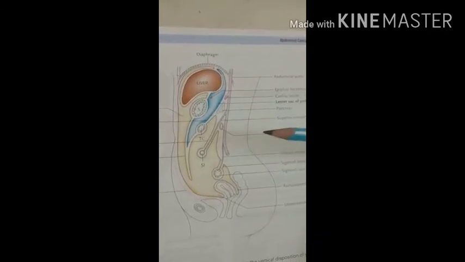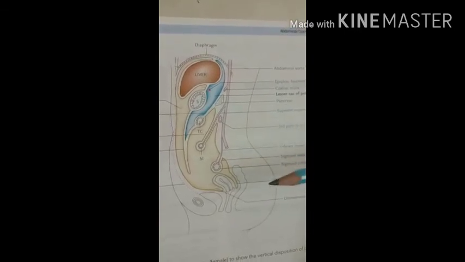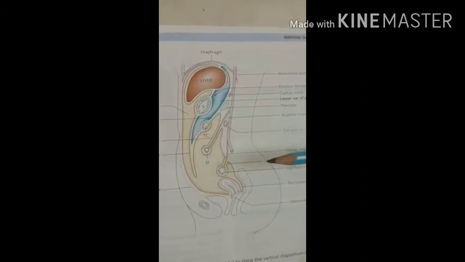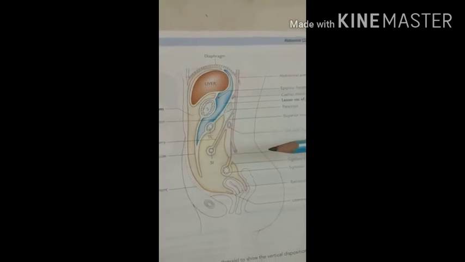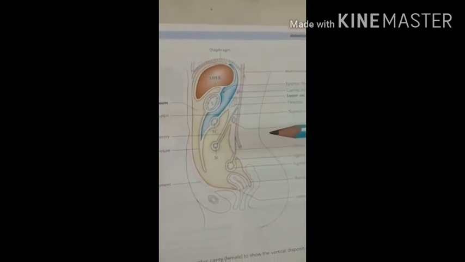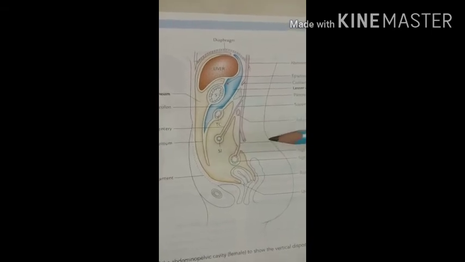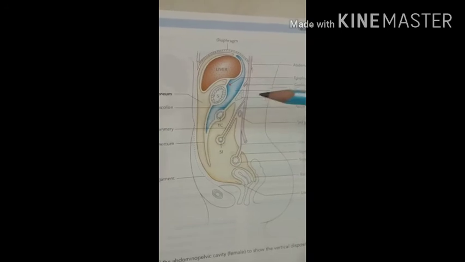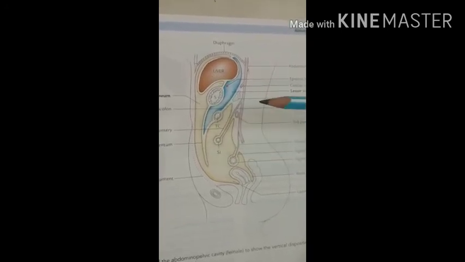The mucosa has great wear and tear property because it consists of stratified squamous epithelial cells, and it contains mucus-secreting glands which keep the food soft and moist. The mucus secretion lubricates the wall of the tract and protects it from the digestive enzymes.